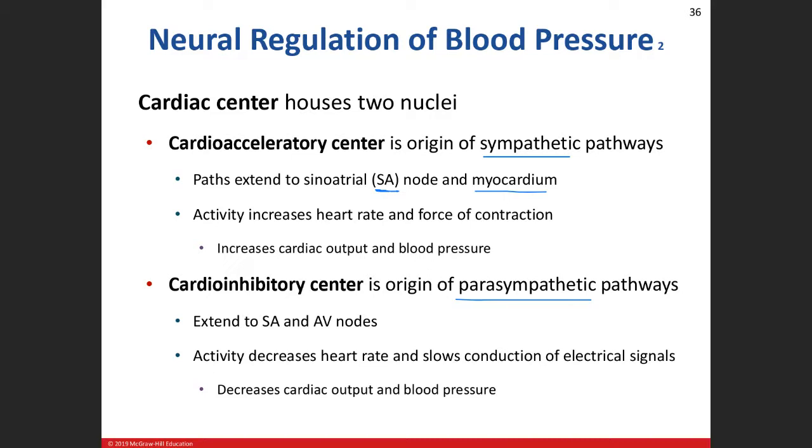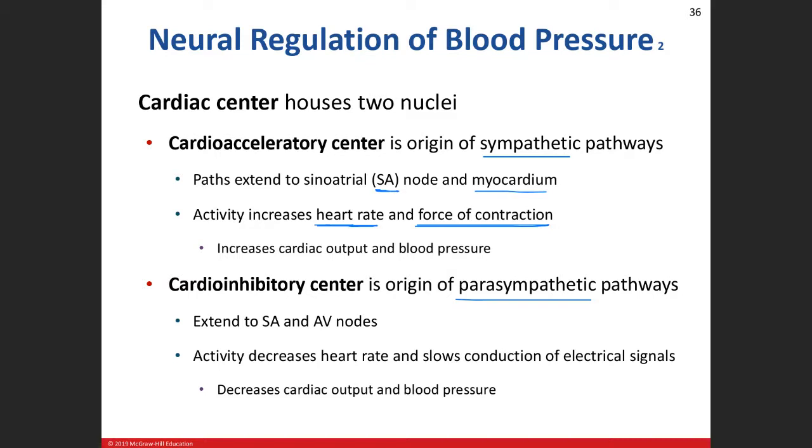So we can either increase the heart rate or we can also increase the force of contraction. That's very important because when we're dealing with the cardioinhibitory center, we can only affect the heart rate.